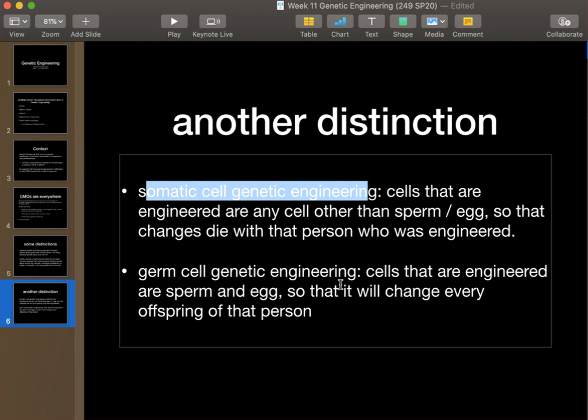Now, in contrast, if you were to change, say, my sperm so that any kid born from my sperm has some kind of weird, freaky liver, okay, that means that any of that person's kids would also have a weird, freaky liver, okay? So germ cell genetic engineering, as you can see, the stakes are higher. More people are affected. Every one of your descendants will be affected by germ cell genetic engineering on you, whereas somatic cell genetic engineering on you only affects you, doesn't affect everyone else in the future, every one of your descendants. Okay.